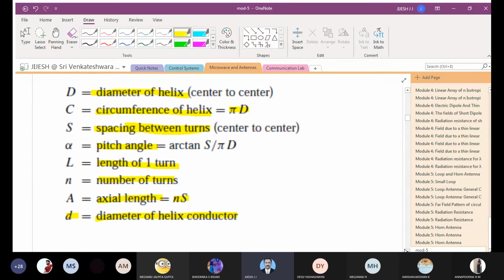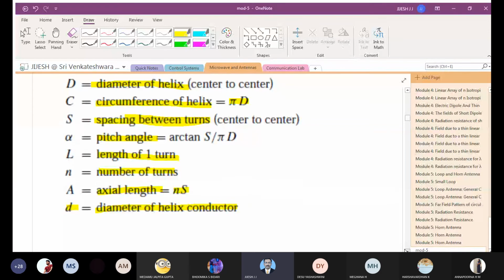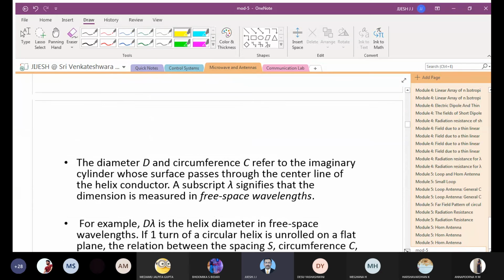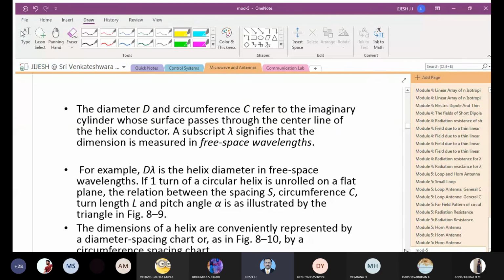So a few equations we will be seeing here, how to calculate some of the parameters. As I have already mentioned, the diameter D and the circumference C refer to the imaginary cylinder whose surface passes through the center line.